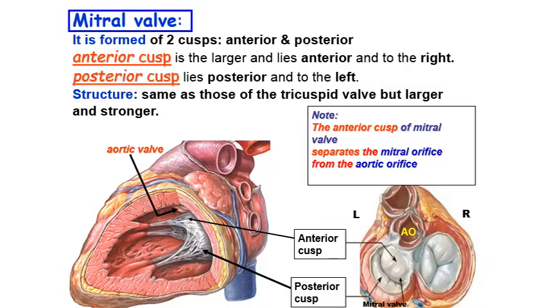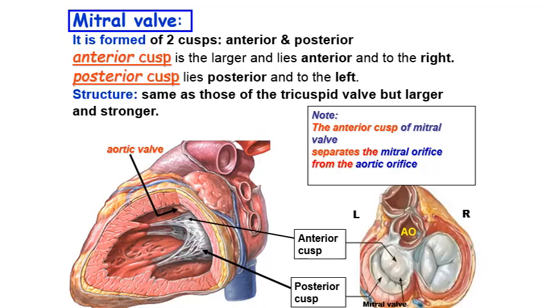If we take a look at the mitral valve itself, we find that it is formed of two cusps, one anterior and one posterior, corresponding to the walls of the ventricle. The anterior cusp is larger and lies anterior and slightly to the right side.